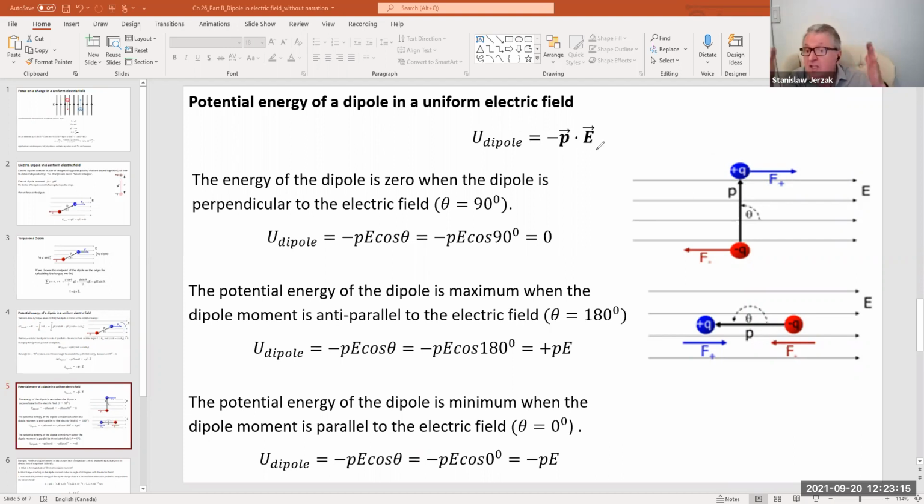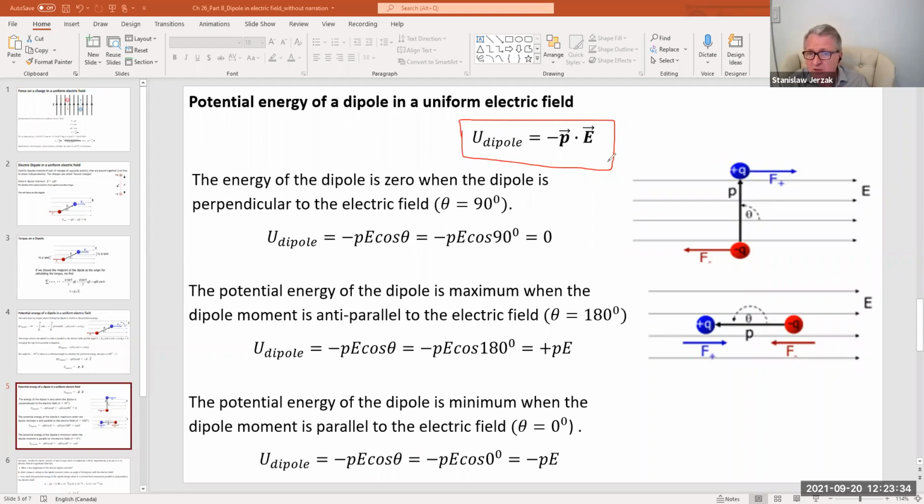So that's the convenient reference level, reference orientation. So this expression is very convenient, and of course always used in all books.